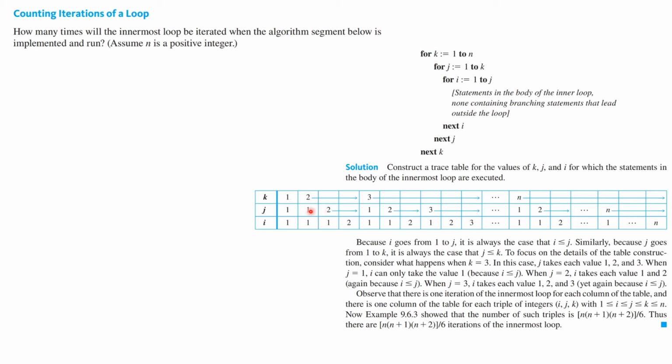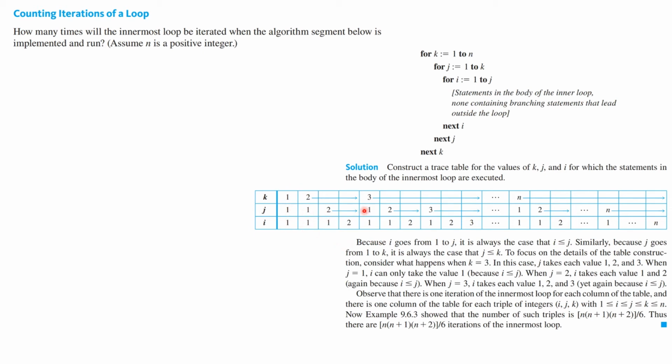Okay, so what we can do is construct a trace table for the values of k, j, and I, for which the statements in the body of the innermost loop are executed. So you see we start with k going 1 to n, but then j goes all the way up to whatever the number is.